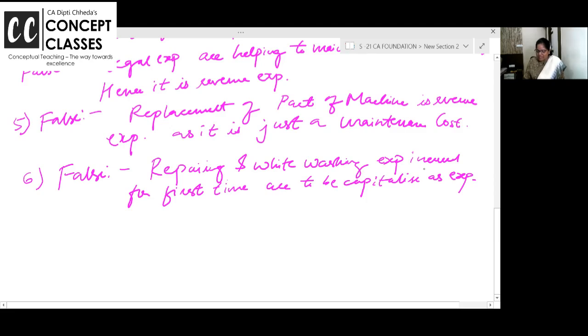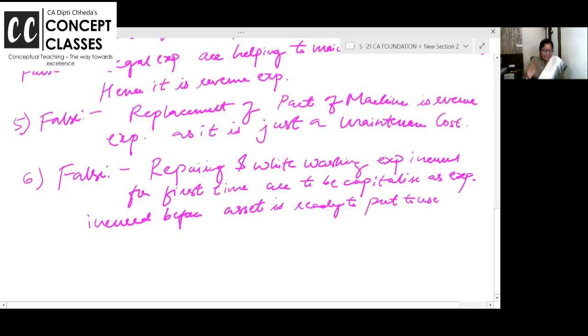Repairing and whitewashing expense incurred for the first time are to be capitalized as expenditure incurred before the asset is ready to put to use.